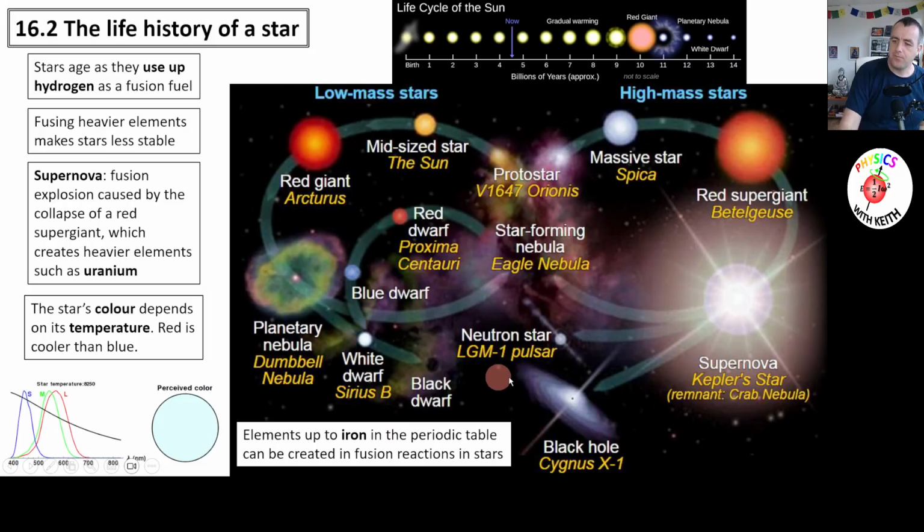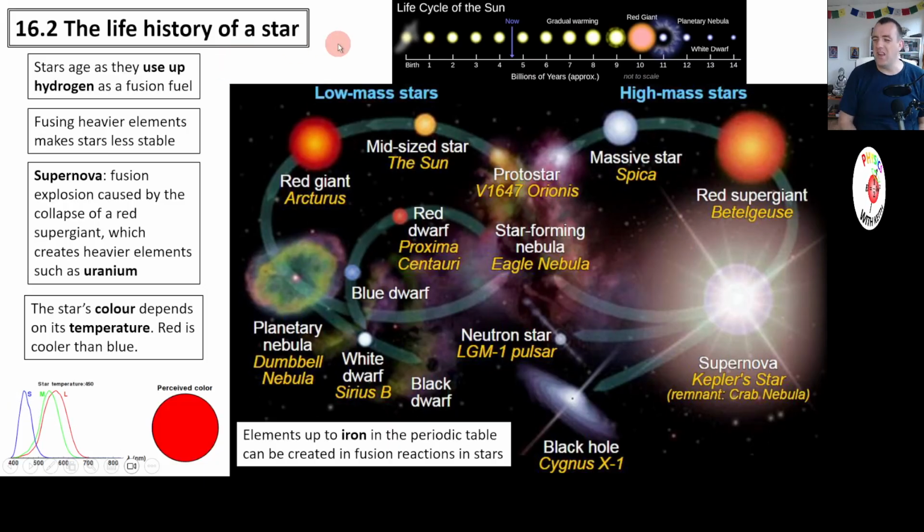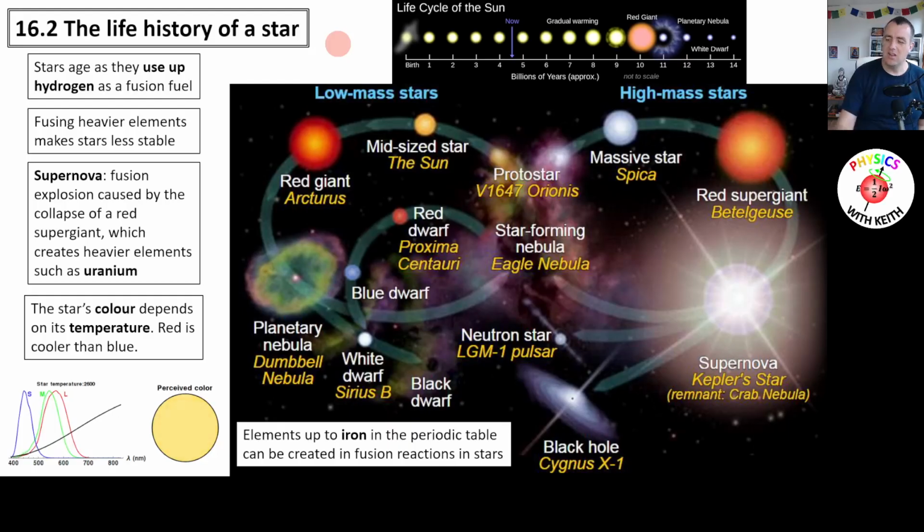So that is the... sometimes it's called the life cycle of stars. I don't like that terminology because it's not really a cycle. You can go around it a few times, but eventually we're going to run out of gas to make stars with. And that's effectively what we're doing here, is we're taking gas in a nebula and we're stopping it from being gas. We're turning it into other things until eventually we don't have any gas left.